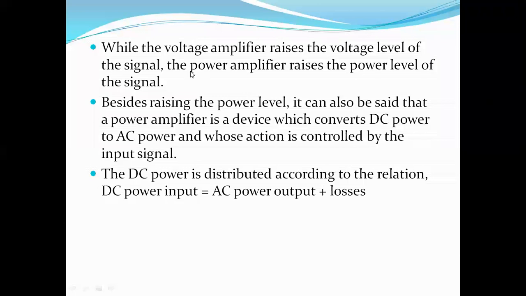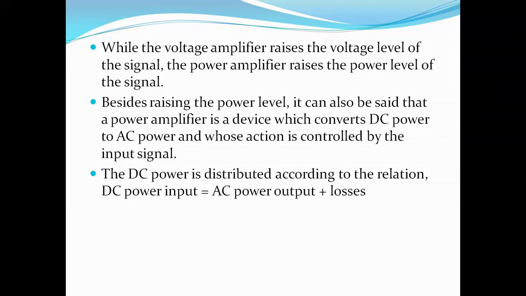In addition to increasing the power, it can also be said that the power amplifier is a device which converts DC power into AC power, and whose action is controlled by the input signal. So normally the power amplifier raises the power level.